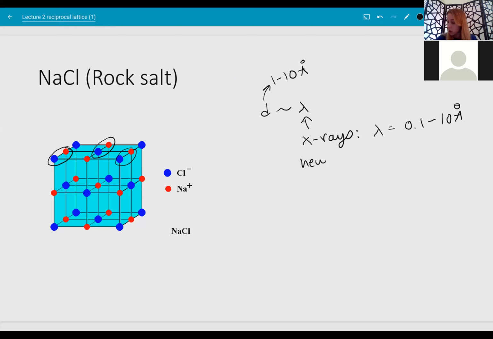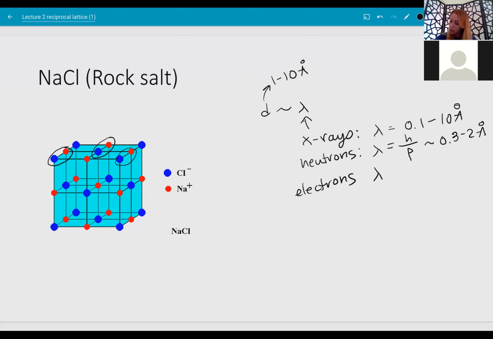Another example is neutrons, which I showed a little bit earlier. With neutrons, we use the de Broglie wavelength: lambda equals h divided by the momentum, where h is Planck's constant. This is also 0.3 to 2 angstrom, so neutrons work. Also, you can get electrons to work.